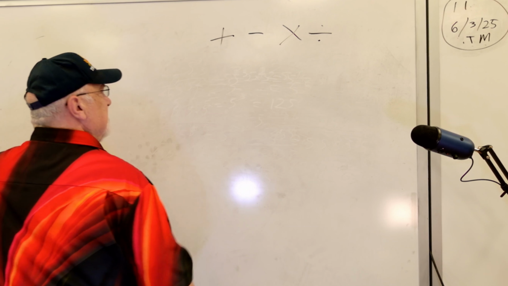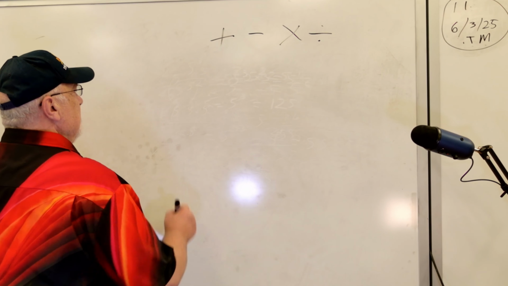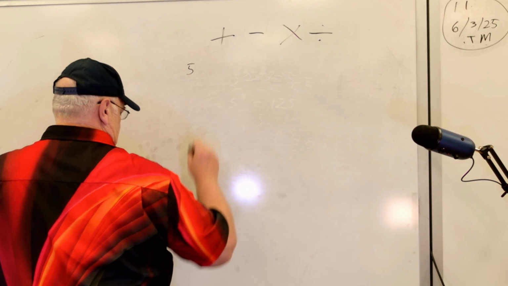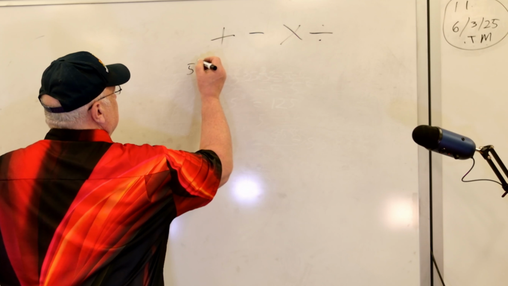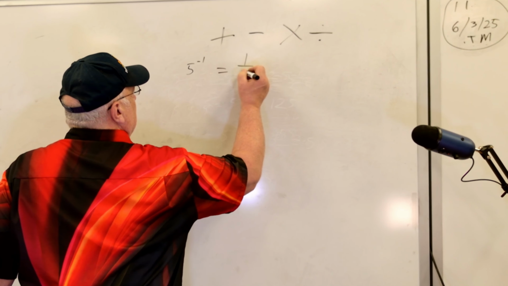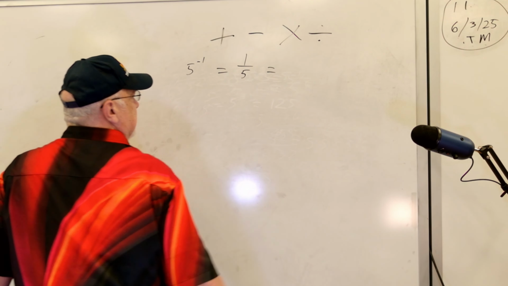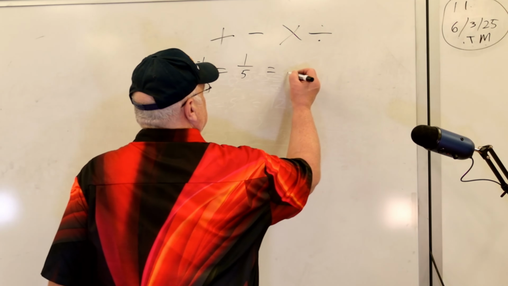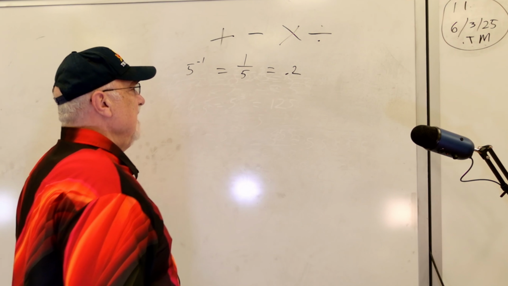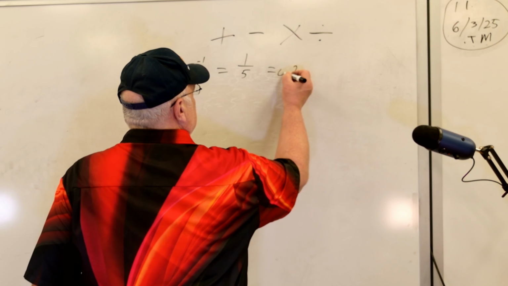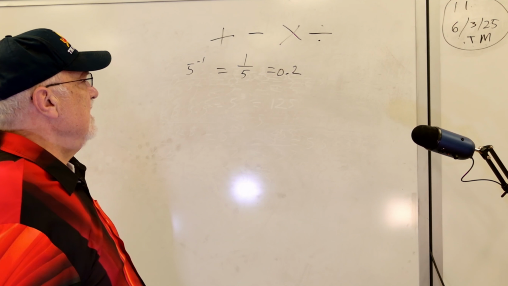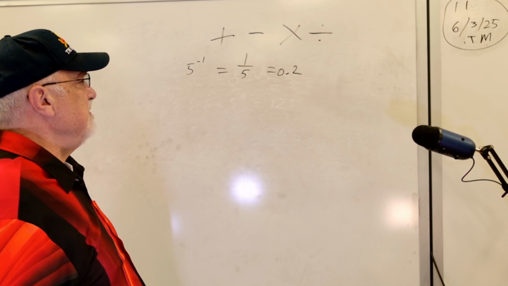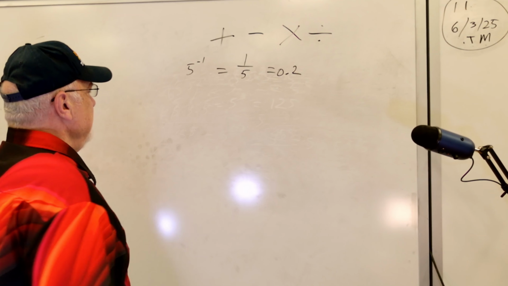Now, another thing about exponents is 5 to the negative 1, that equals 1 over 5, which you can just leave as 1 over 5. Or you can realize that that's 0.2 if you divide it out. And some people write 0.2 to kind of make it stand out a little bit. But if it's got a negative exponent, it is over that.